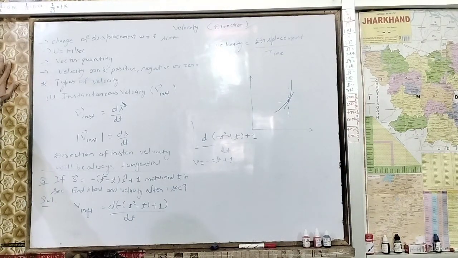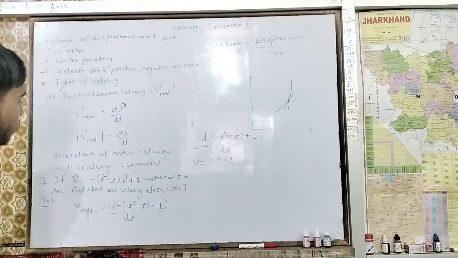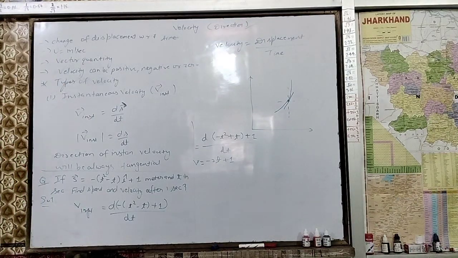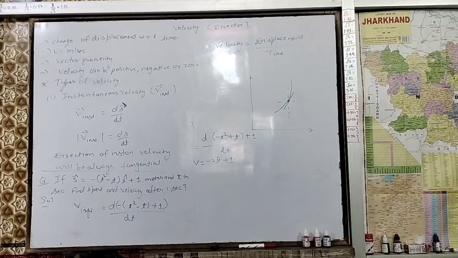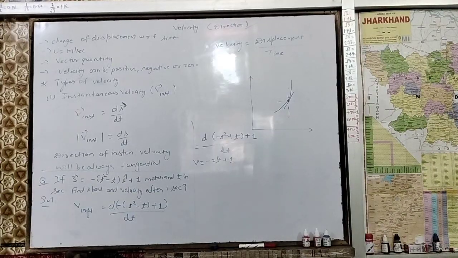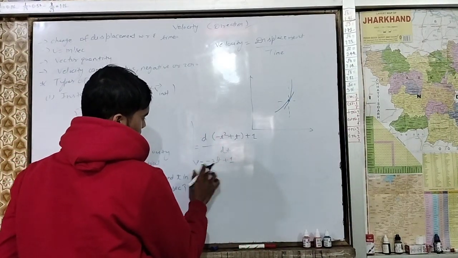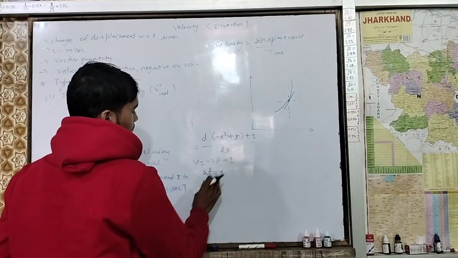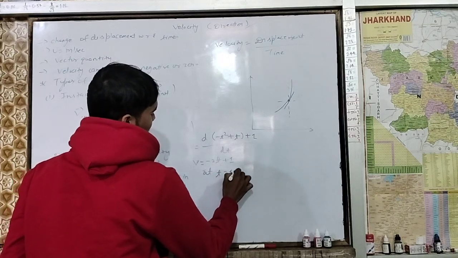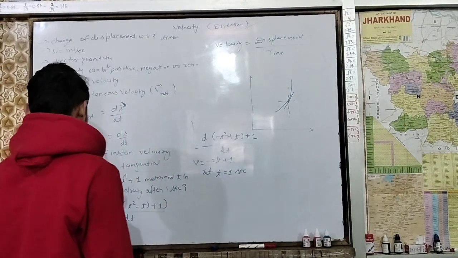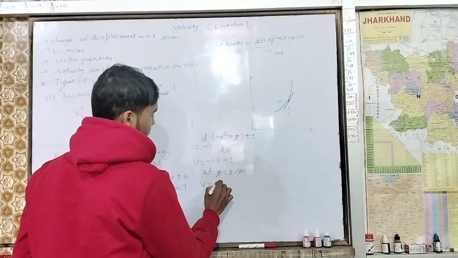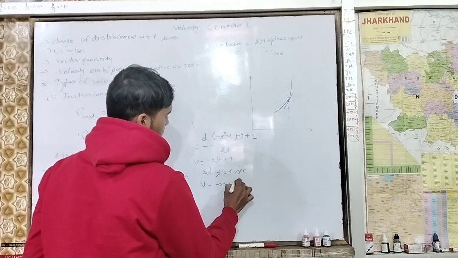Now after 1 second, what is the velocity after 1 second? He is asking what the velocity is after 1 second. So here you would say at t equal to 1 second, the velocity will become minus 2 multiplied by 1 plus 1.